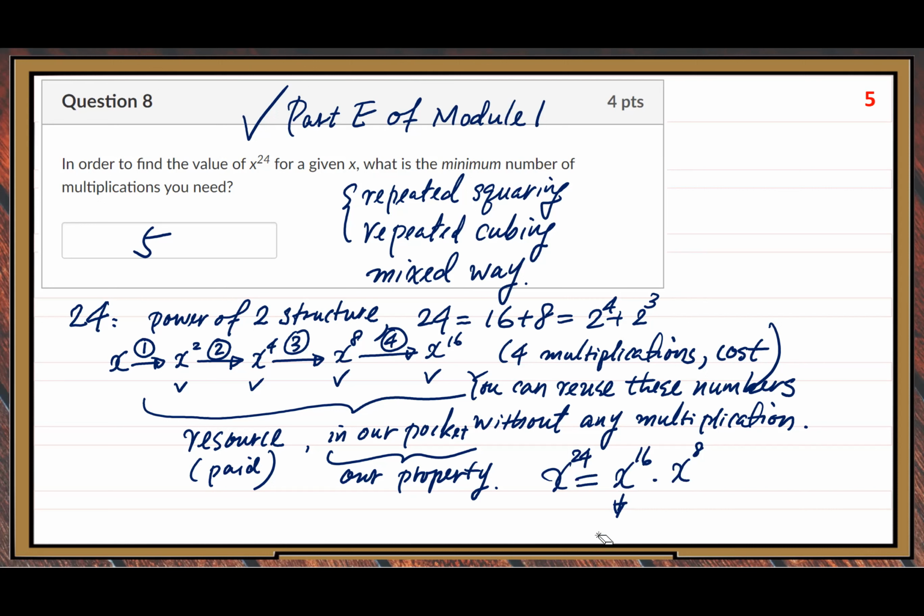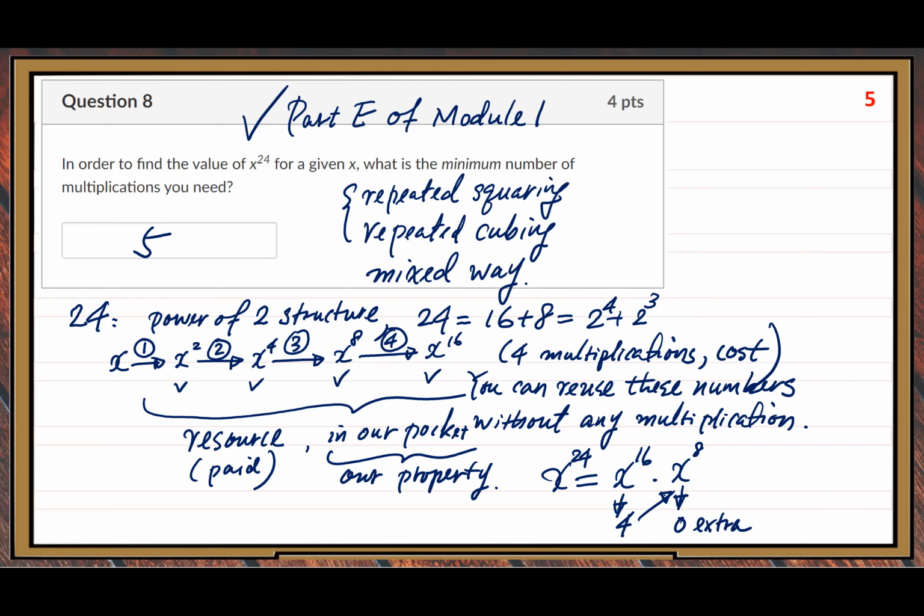Because this is the first time we pay, we need to pay 4 multiplications. For this one, 0 extra, because in this 4 we already covered that cost, including x to the 8th.